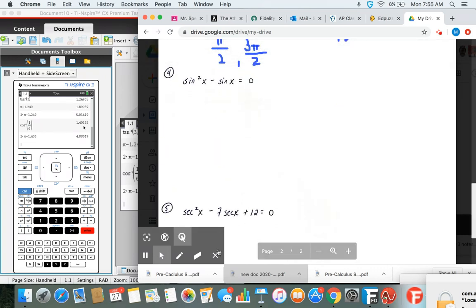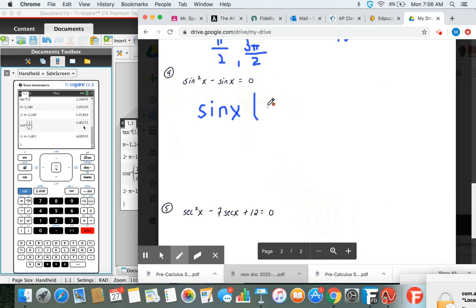All right, the next problem, just two terms, sine x and sine. This one we should be pretty confident with. We're just going to take a sine out because sine is common in both terms. That would leave us with sine x minus 1.